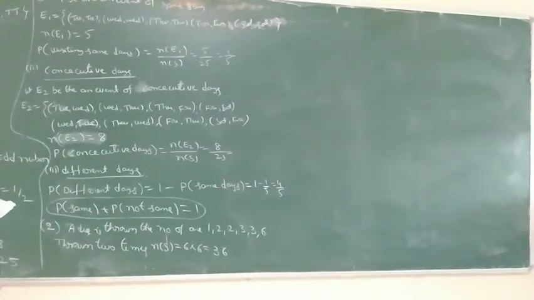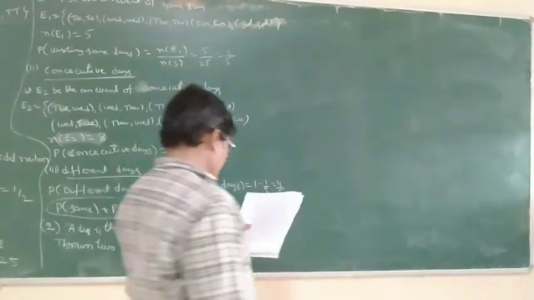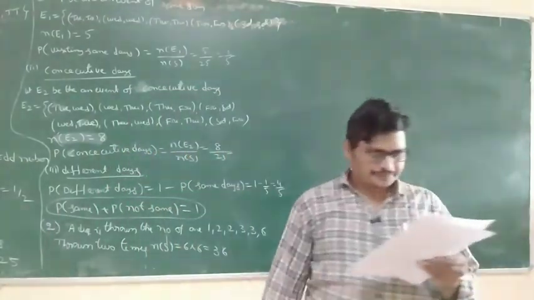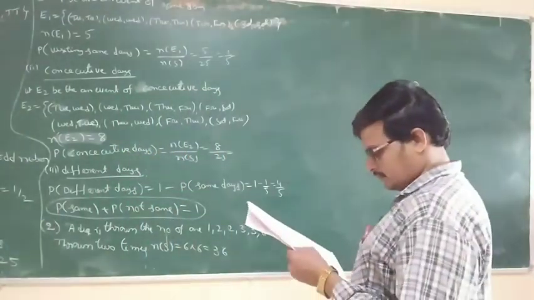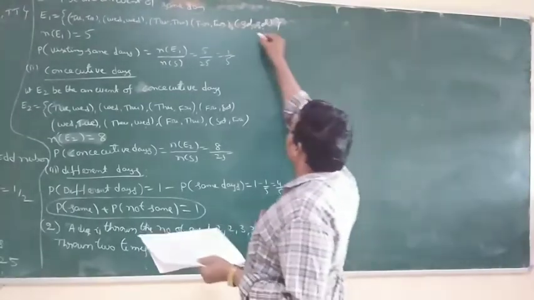And the total score of the two throws is noted. Complete the following table which gives a few values of the total score in the two throws.